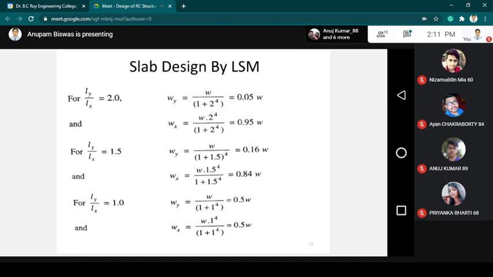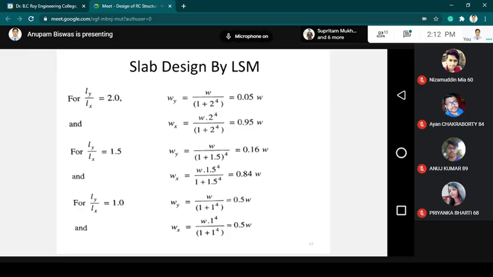But when the ratio is 1, the values of Wy and Wx are half of W. So the distribution is equal between Wy and Wx when the spans of the slab are equal, that is, when Lx and Ly are the same.